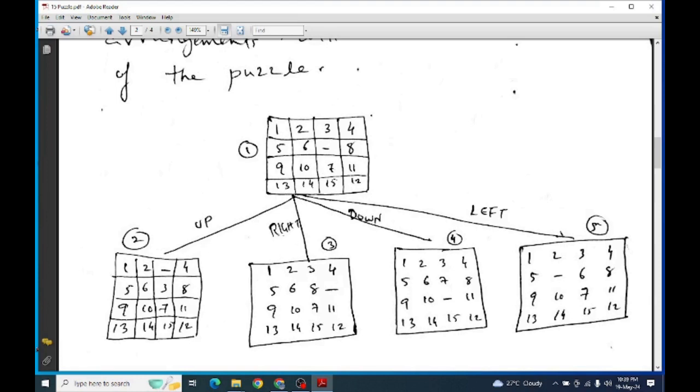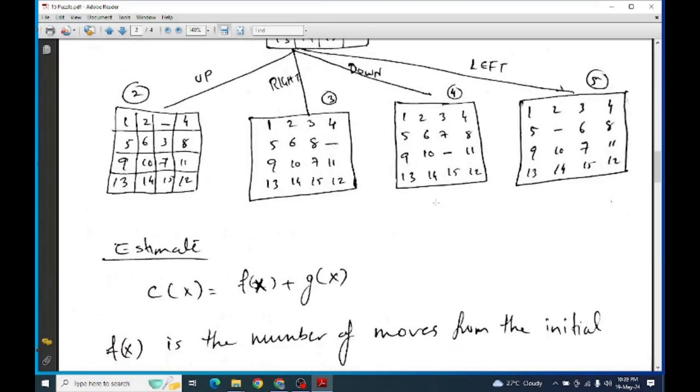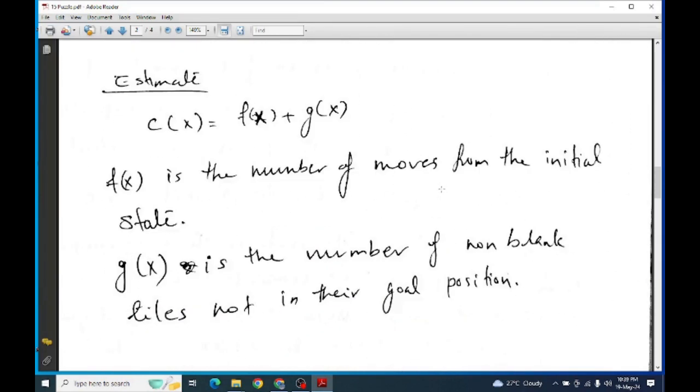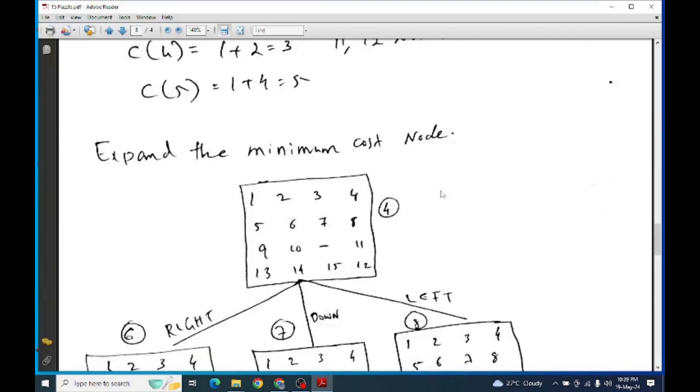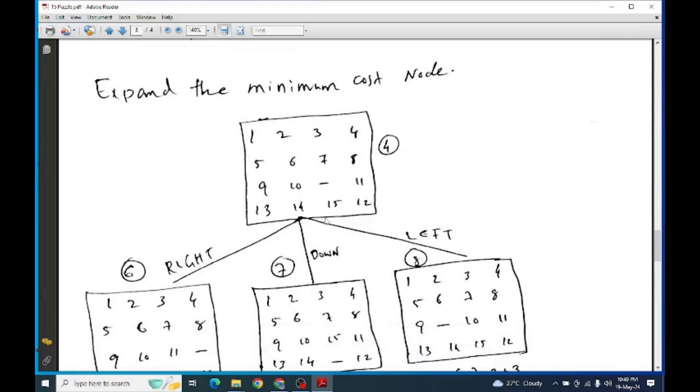Okay, so state 4 will be selected for further movements. So the state with minimum cost is 4, so 4 will be selected for the further movements.